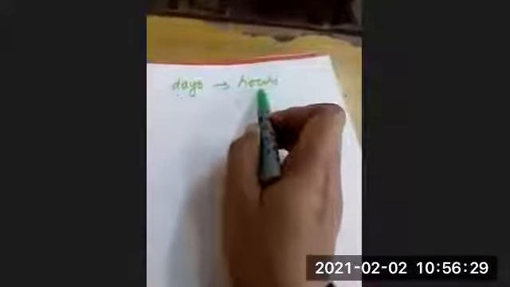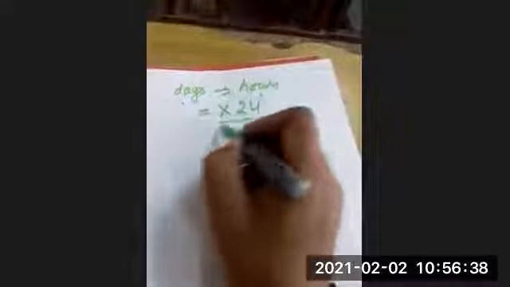In first question, we convert days into hours. Yes, friends. When we convert days into hours, in one day we have 24 hours, so we will multiply by 24.